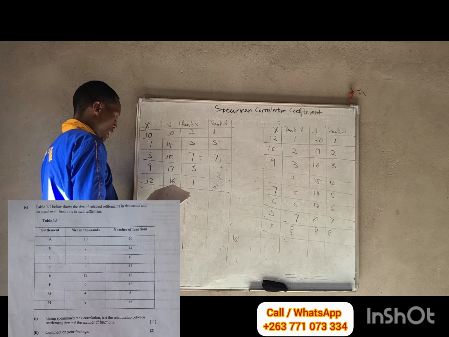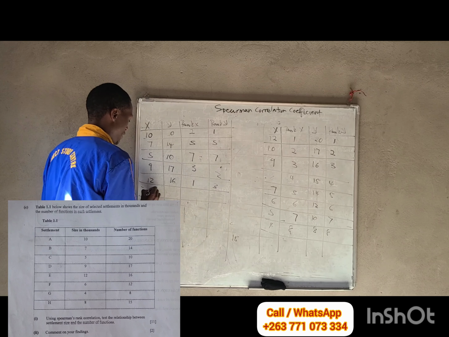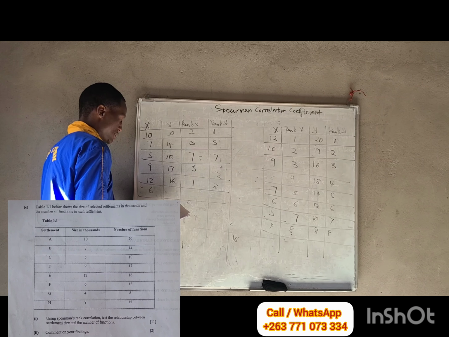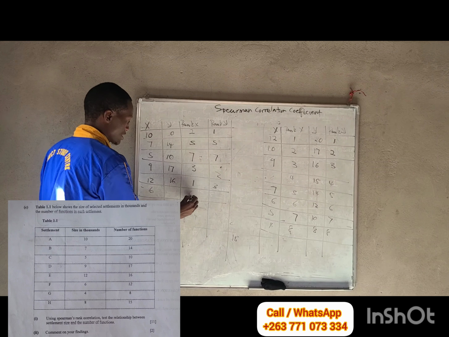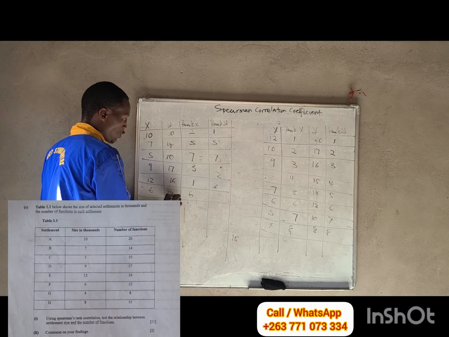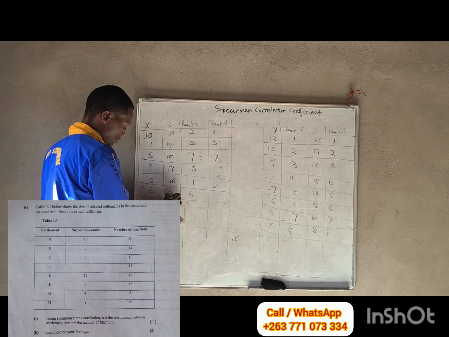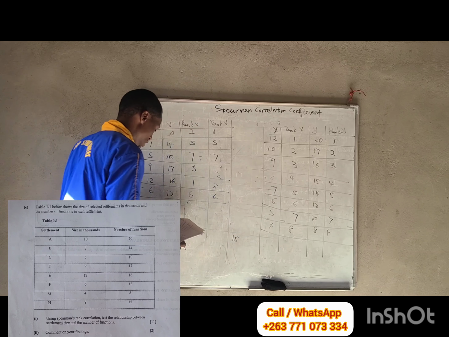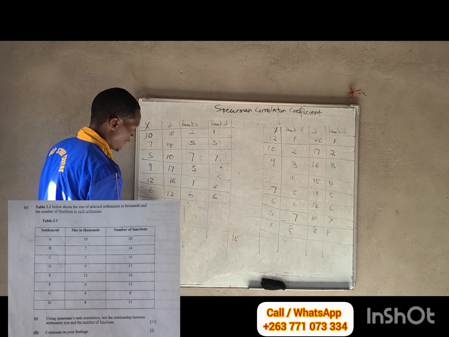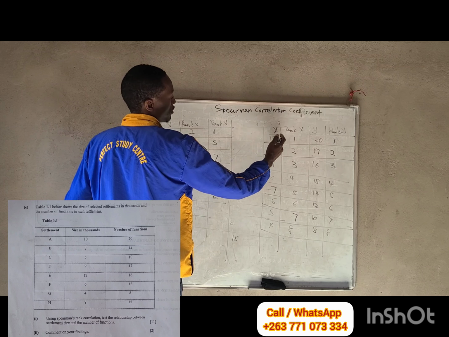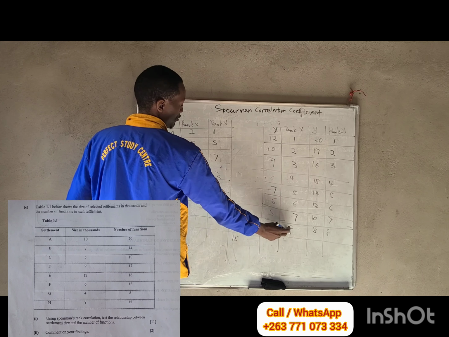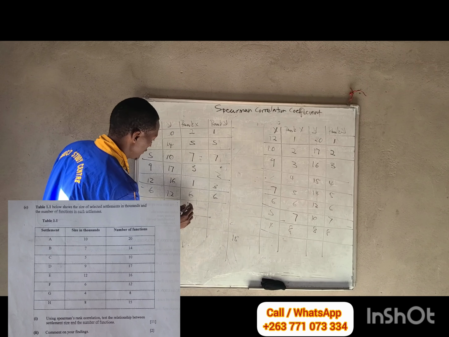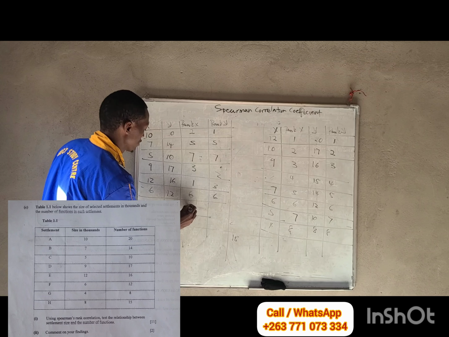Then we have got 6 here. 6 is the sixth value. Then we have got 12 here. It is also the sixth value. Then we have got 4. In terms of X, 4 is the eighth rank.